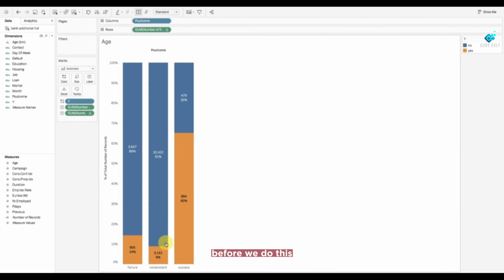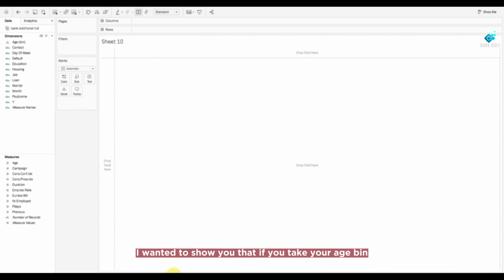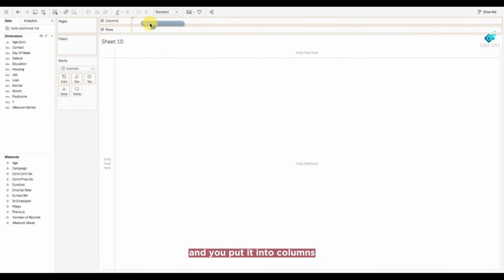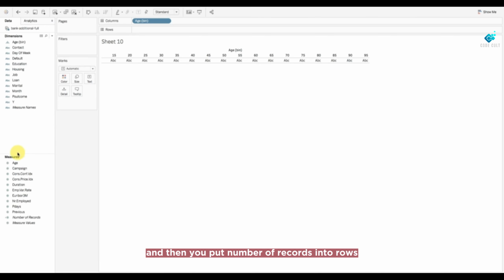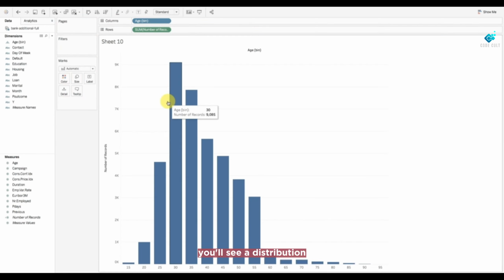And so, by the way, before we do this, I wanted to show you that if you take your age bin and you put it into columns, and then you put number of records into rows, you'll see a distribution. You'll see how people are distributed across those bins. And this is what I mean by bins.